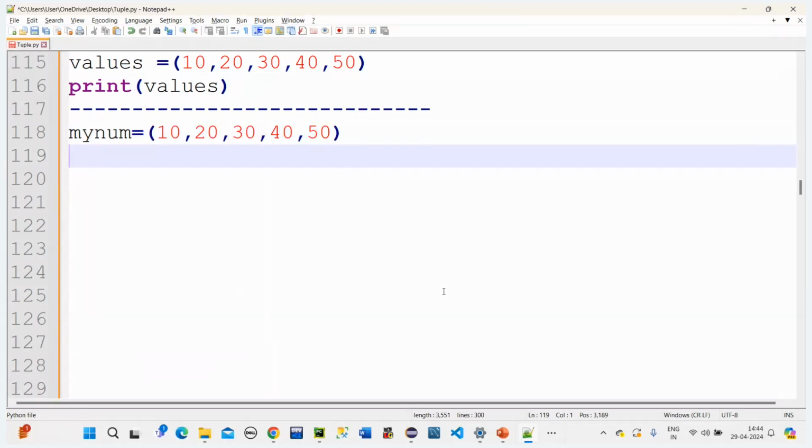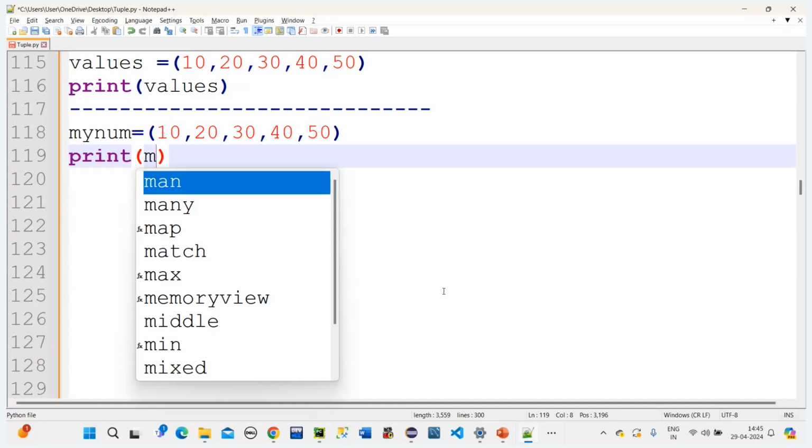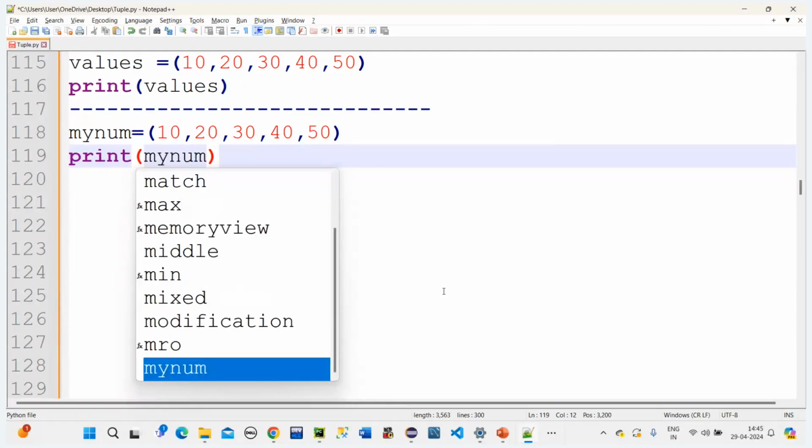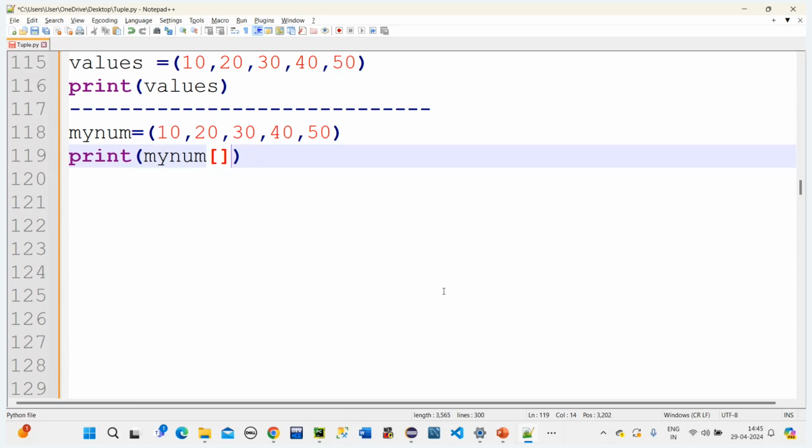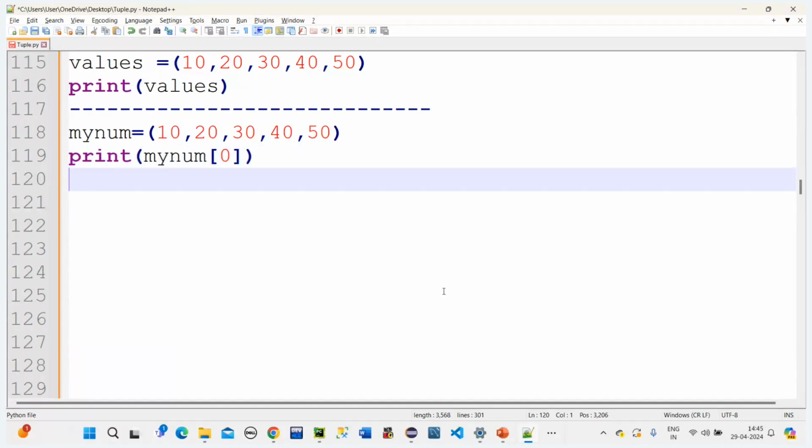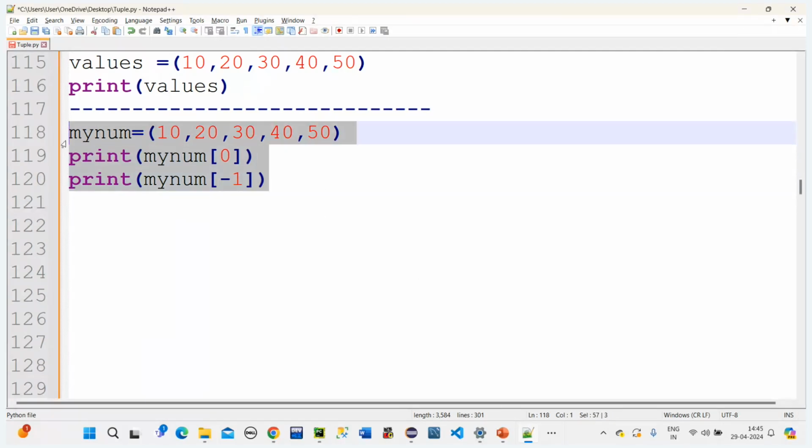Now if I print my num of 0, what output will I get? It's 10. Now if I write -1 here, the output is 50.